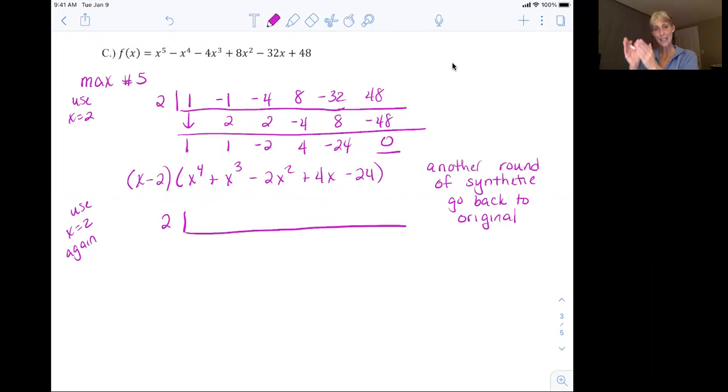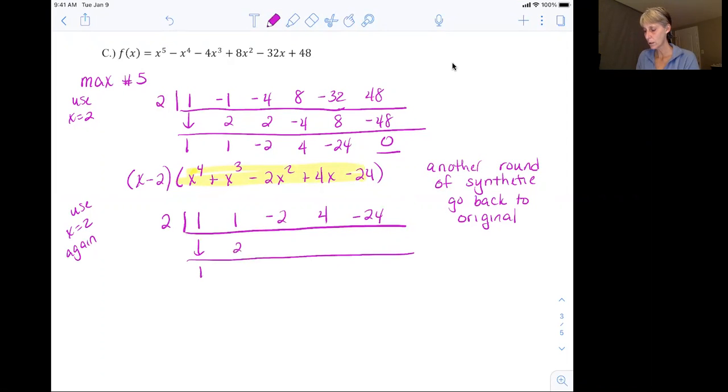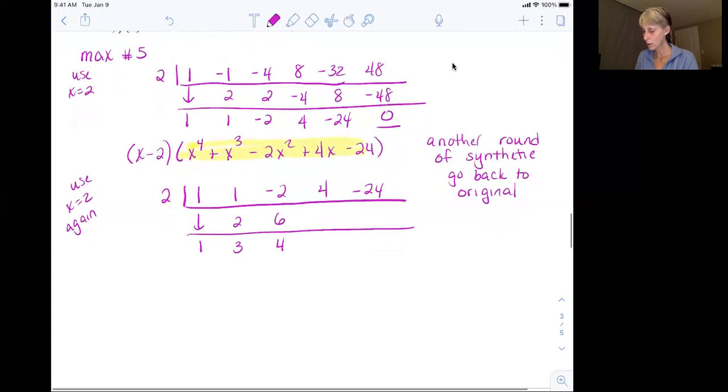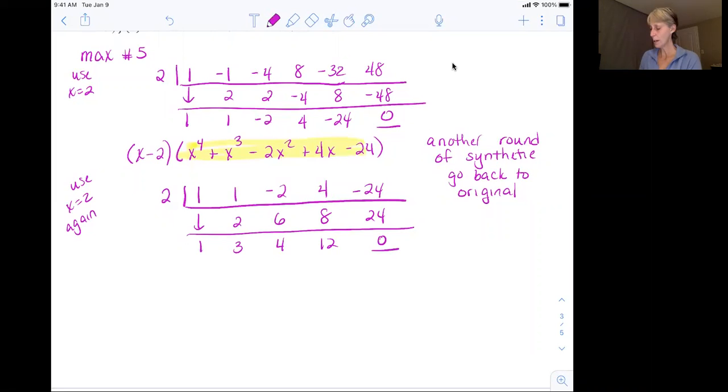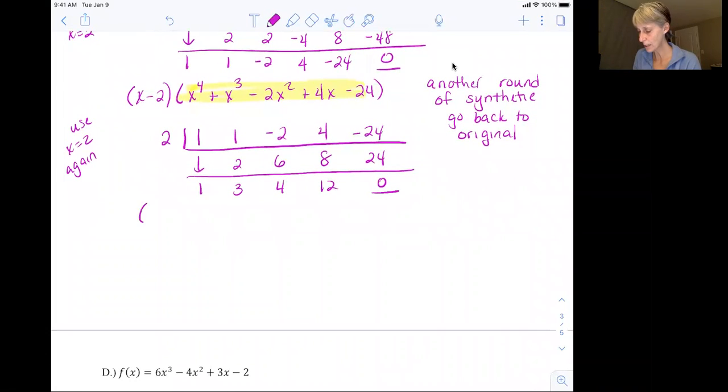This time I'm going to take these coefficients for my second round. 1, 1, -2, -2, 4, -24. 6, -2 plus 6. I get a remainder of 0, which means it worked out nicely.